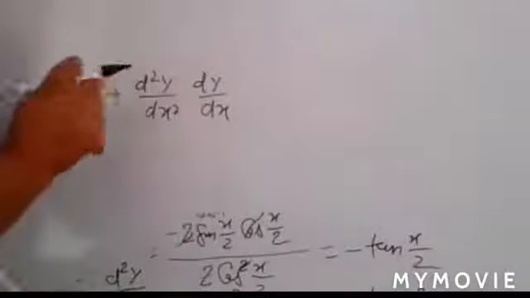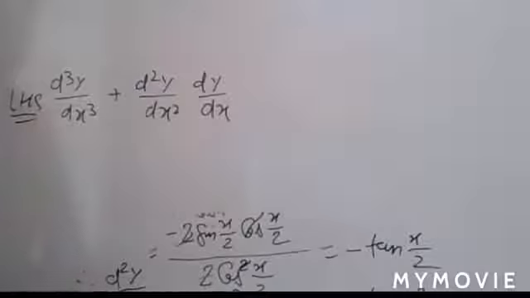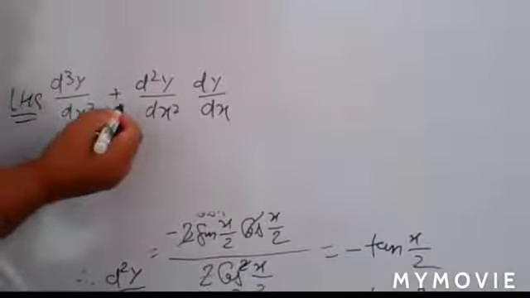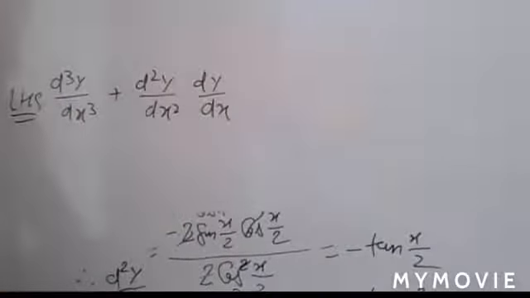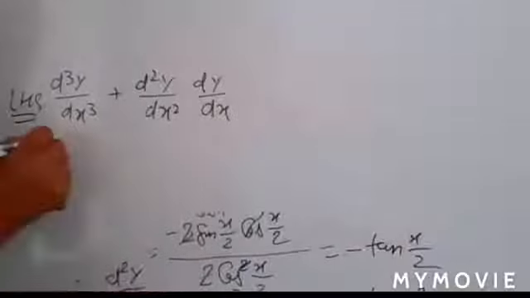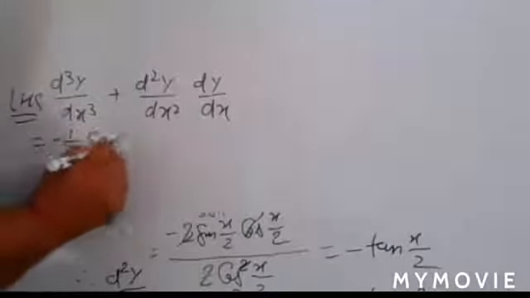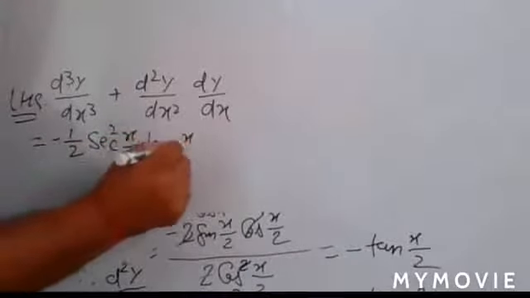No, take the left side, LHS. So your LHS is d3y by dx3 plus d2y by dx2 into dy by dx. Now putting its value. So here you have minus 1 upon 2 sec square x by 2 into tan x by 2.